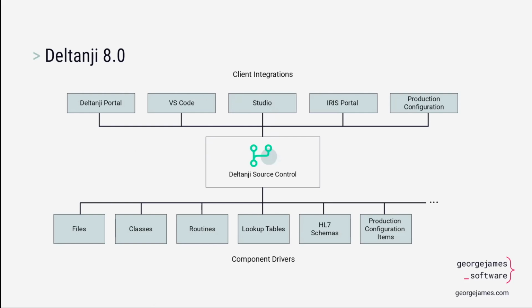And then over on the right-hand side, we have a couple of integrations, one to the IRIS management portal for managing things like lookup tables, and then one to the production configuration page for managing configuration items within Deltanji.